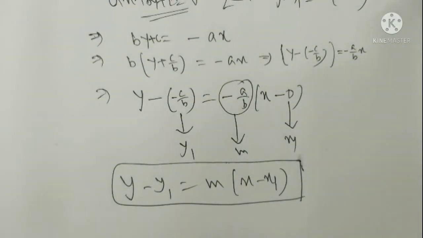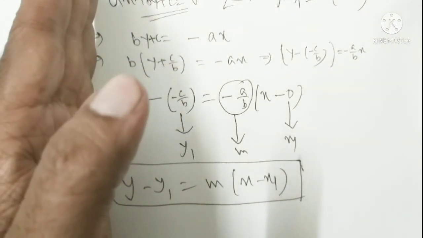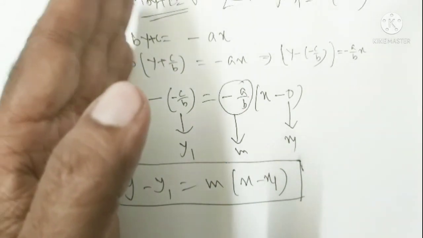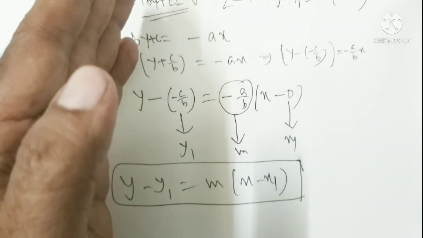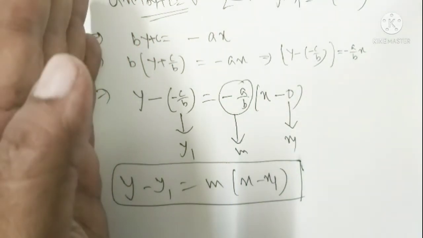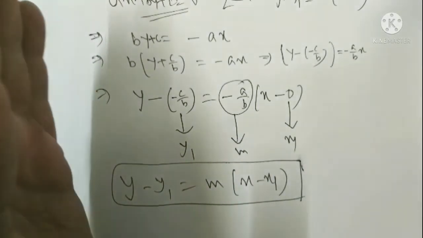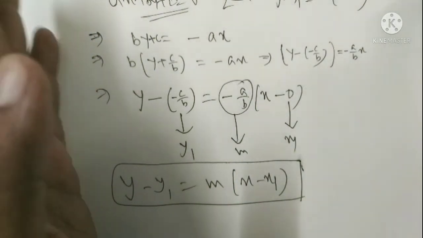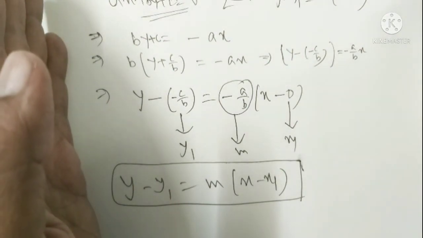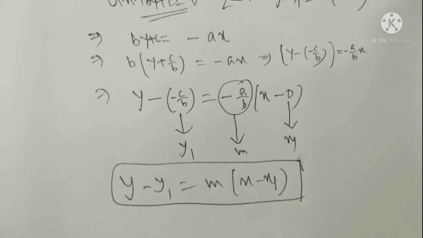We have discussed different forms of straight line in the previous videos. Now this is the last phase of straight line analysis, and in the next video we will establish and solve specific standard problems that generally come in competitive exams and board exams. This is all for today.